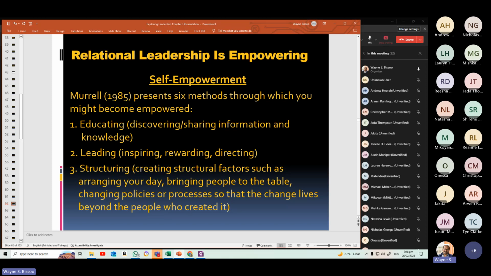So it means structuring your life and your work activities in such a way that you are able to empower yourself to get the opportunities to experience these situations of power, as well as accessing the education and sharing of power.